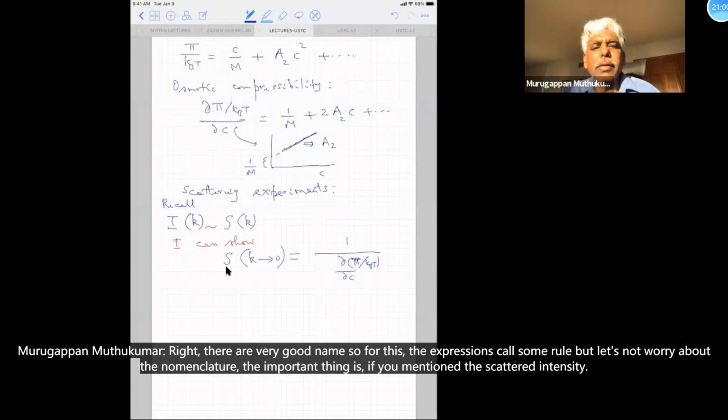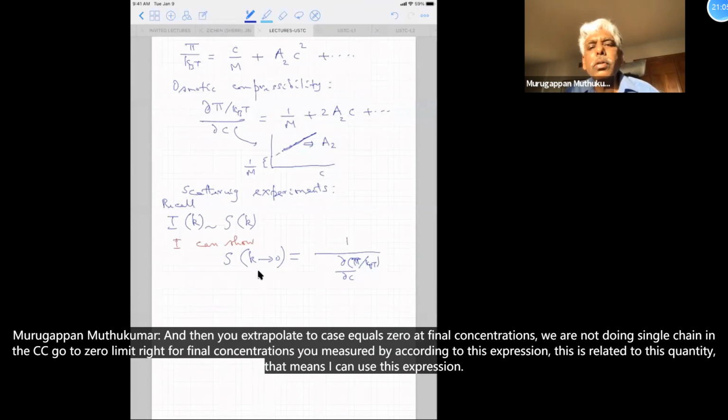The important thing is, if you measure the scattering intensity and then extrapolate to k equal to 0 at finite concentrations, we are not doing a single chain in the c equal to 0 limit. For finite concentrations, according to this expression, this is related to this quantity.